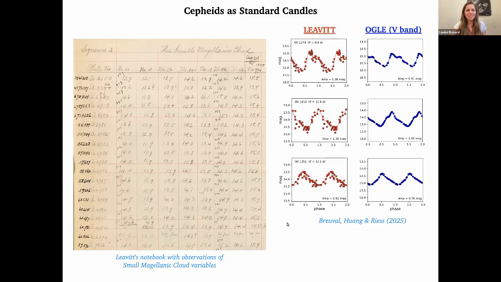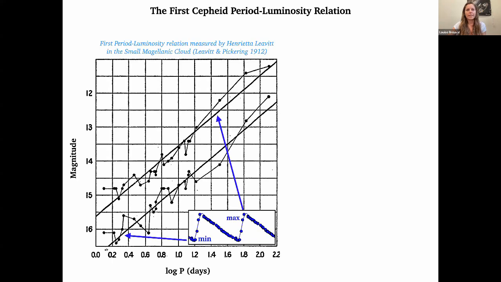If you're interested in learning more about this discovery and the work Leavitt did 100 years ago, you can look at this paper, which is a reanalysis of this discovery. Based on her notebook and all her observations, she discovered that Cepheids exhibit a relationship between their pulsation period here on the x-axis and their brightness.